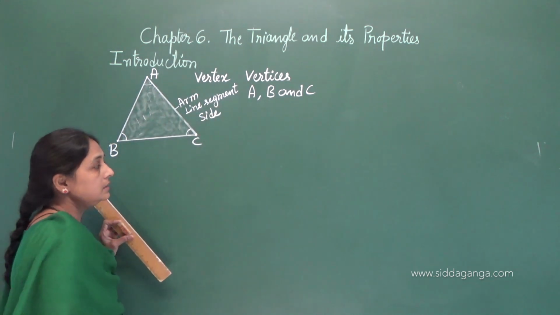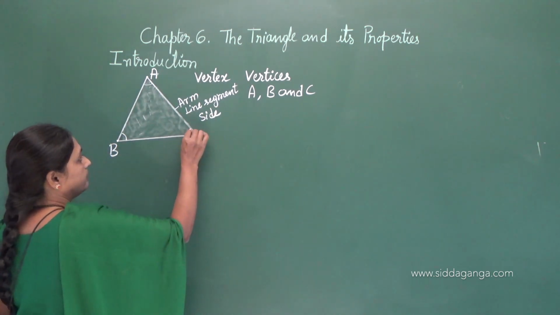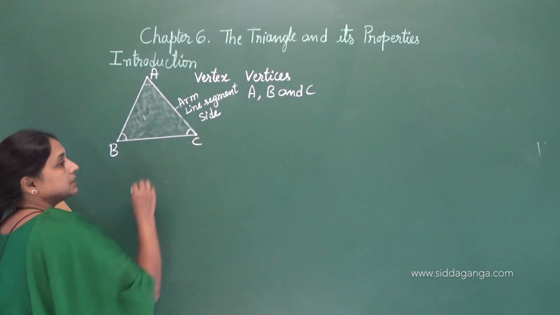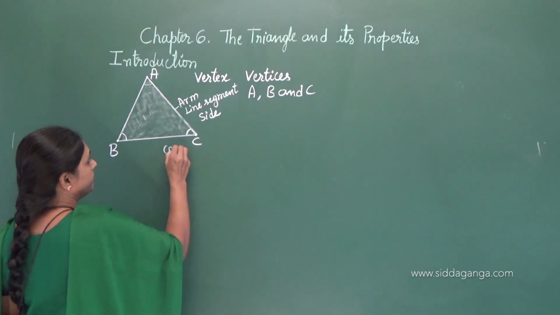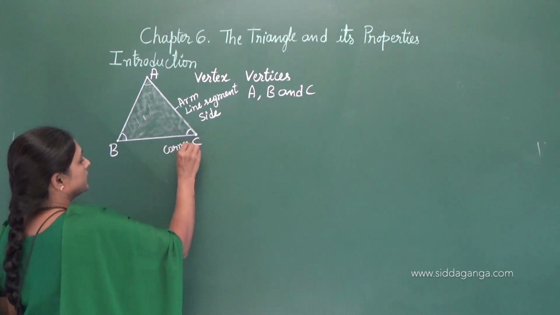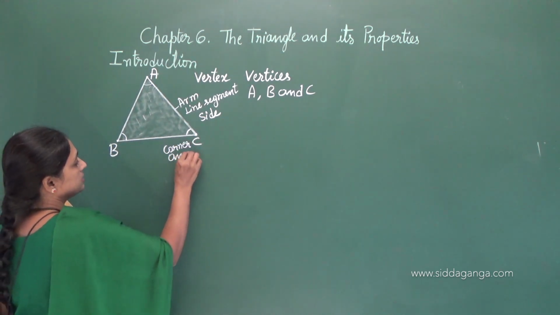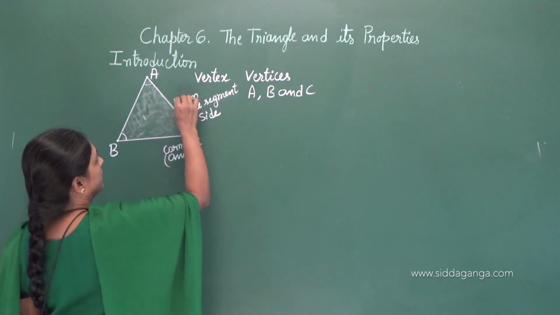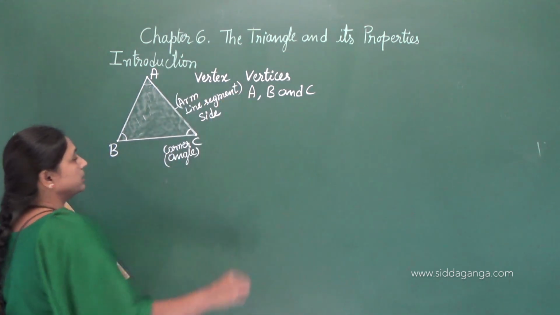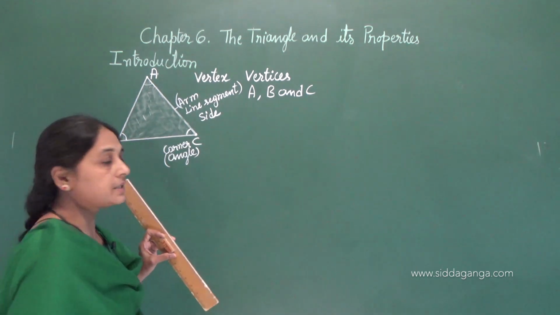These three angles are called the corners of a triangle, the angles of a triangle. So these line segments or arms are called the sides of the triangle.